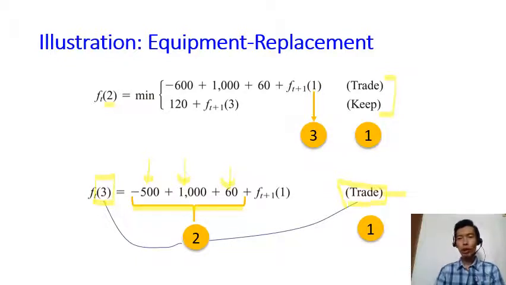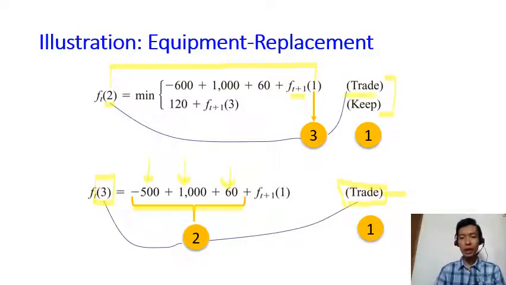While the main point for aspect 3 is that it's all about the stage t plus 1. So here you can see that the age of your machine changes from 2 at time t to become 1 at time t plus 1 because it is affected by your decision to trade the machine.